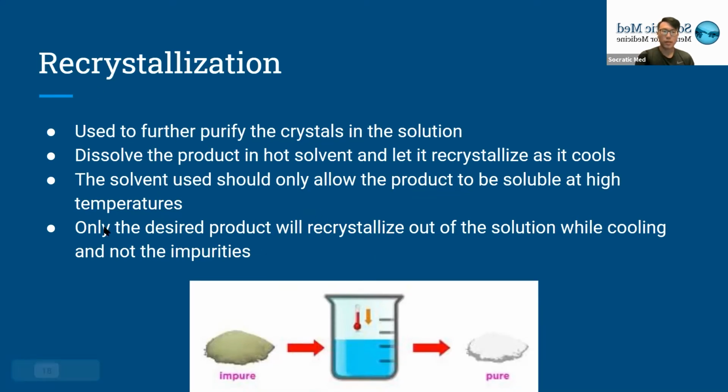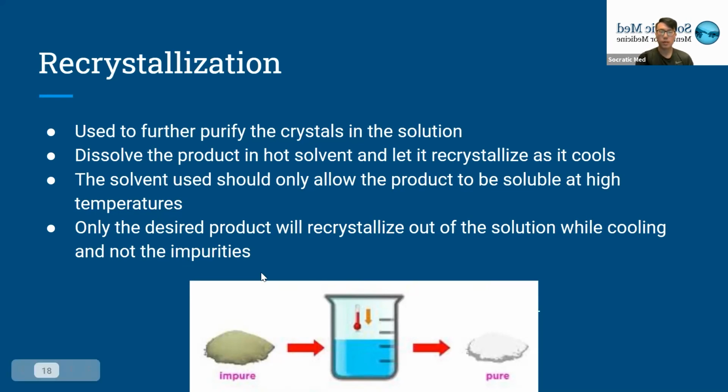This step of recrystallization is very dependent on the solvent that's used. The solvent that you use has to only allow the product to be soluble at high temperatures. Once the hot solvent is cooling, because the product is only soluble at high temperatures, once it cools below that temperature where it's soluble, it will recrystallize out of the solution, and that will be more pure than the initial product that you had.